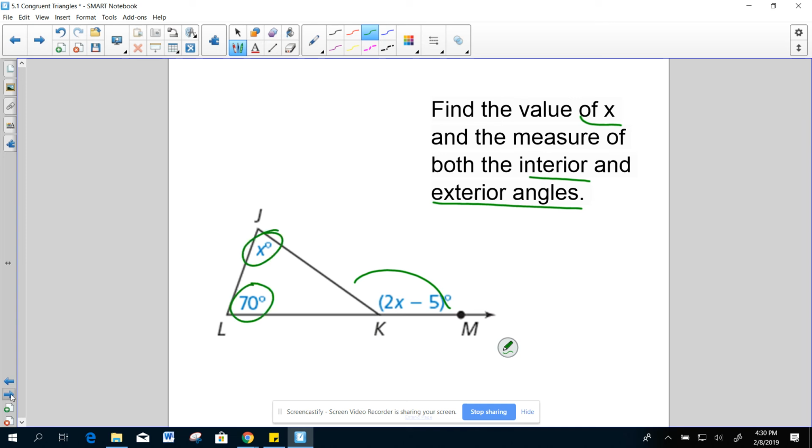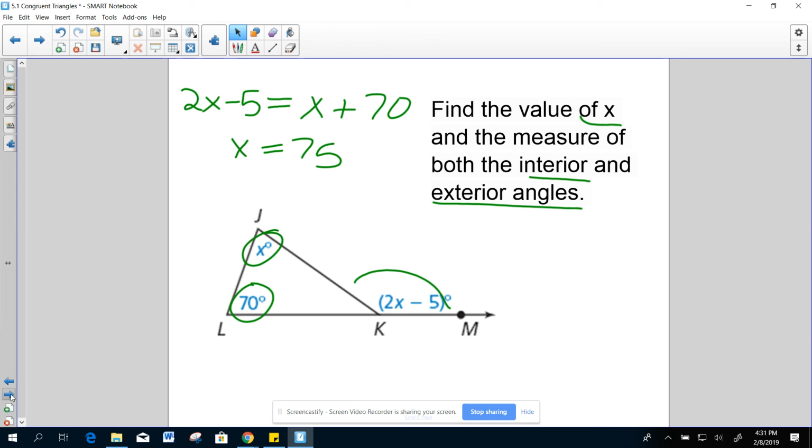So I would have 2x minus 5 equal to x plus 70. I would get my value of x to be 75. Then I can plug back in and find that my exterior angle ends up being 145.